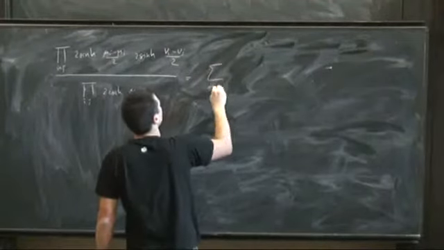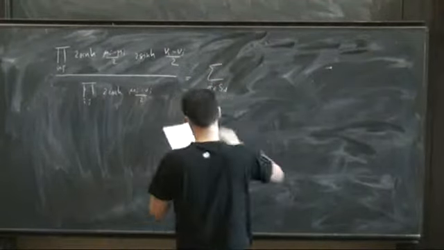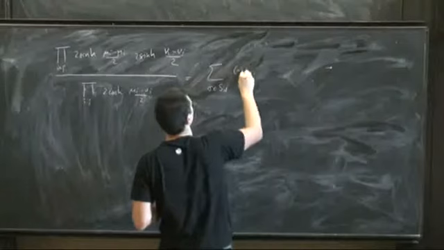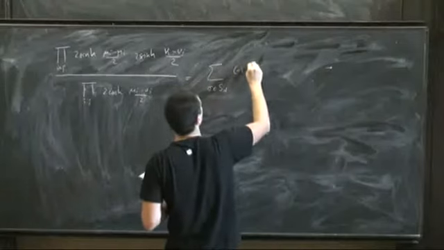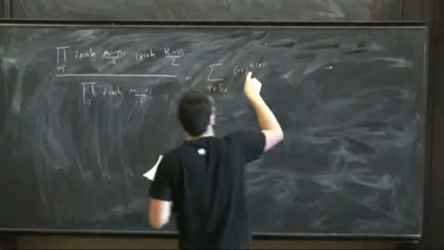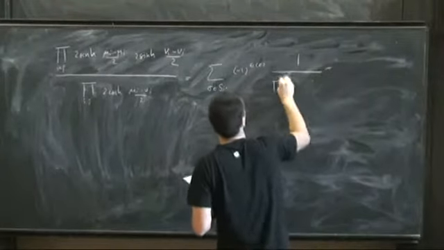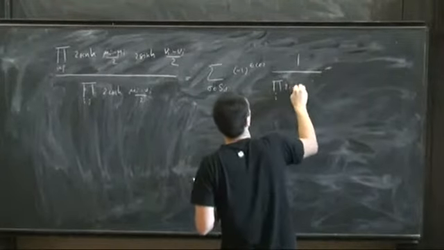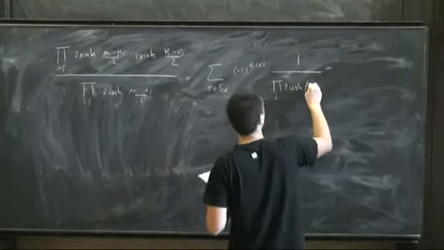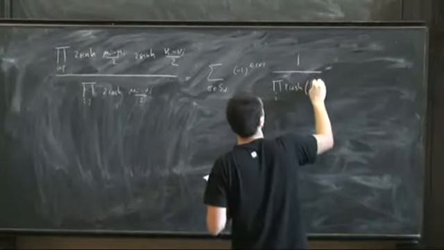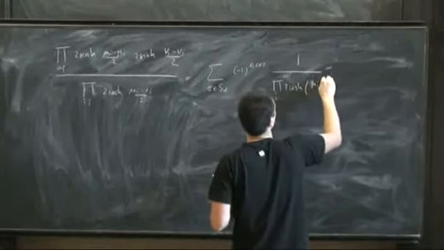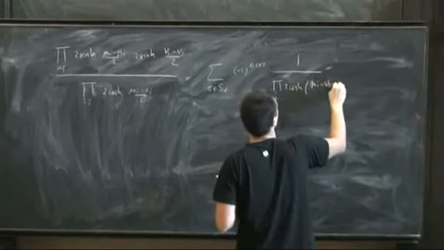And a sum of determinants is a sum of the permutations. So you take a sum of all possible permutations of n labels. You put the sign according to the symmetry of the permutation. And this is just the product of twice cos of mu I minus mu sigma I.